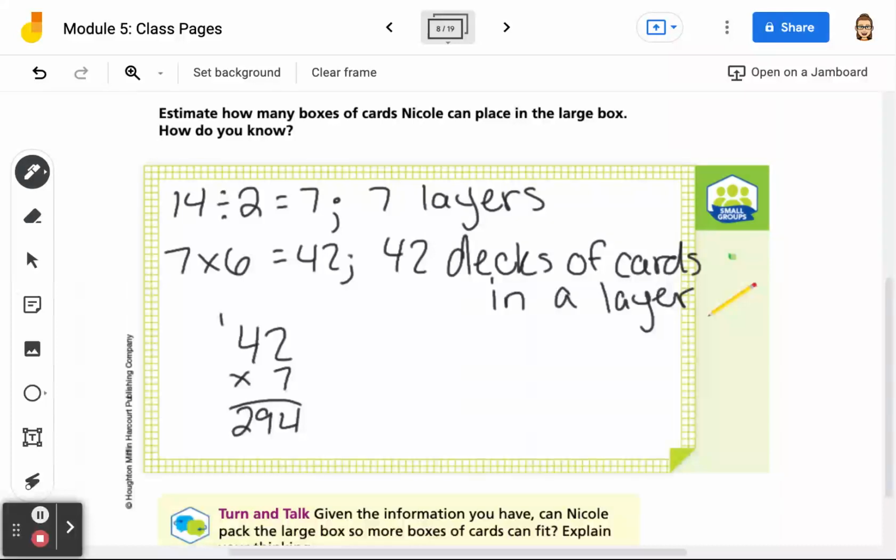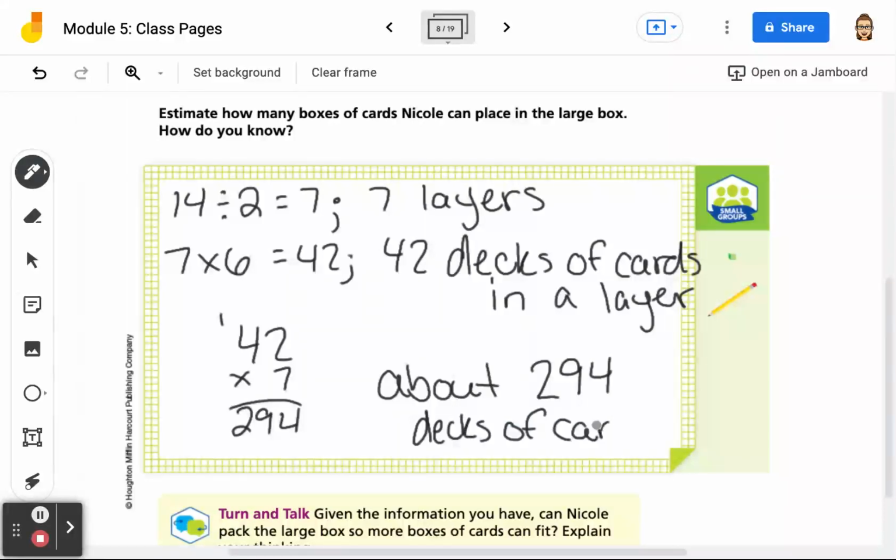So that means we have about, because we are estimating, 294 decks of cards, or boxes. And we're going to go to the next page then.